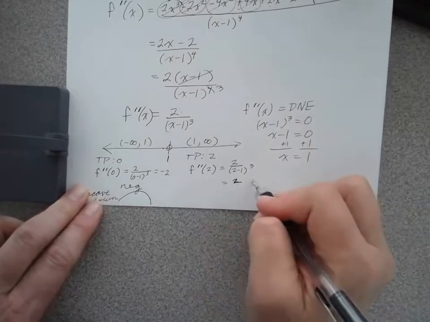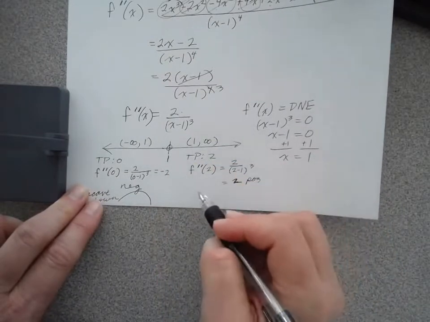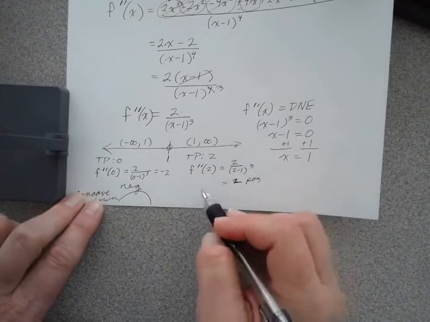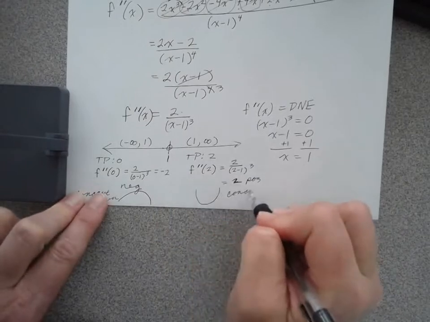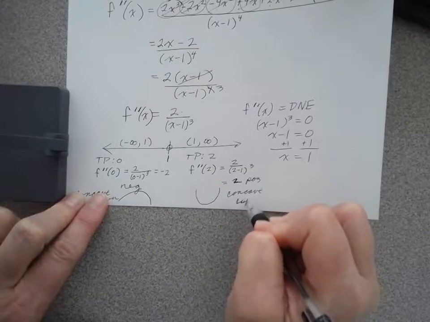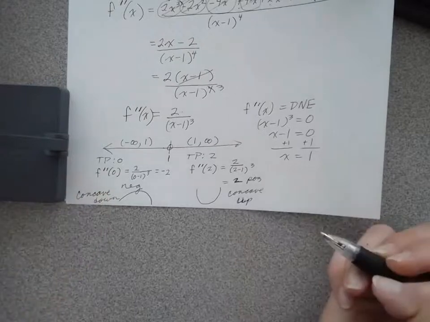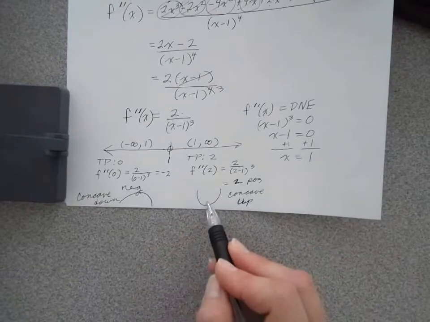Okay, so since that's positive, in this interval from 1 to infinity, what does that tell me about the concavity? Concave up. Okay, so really without even looking at the first derivatives, we can tell that there's going to be a local max and a local min, right?